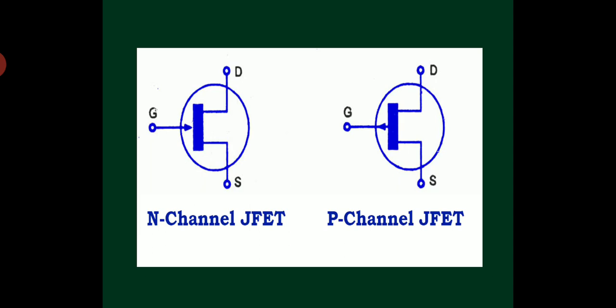In common emitter configuration, output current is IC and input current is IB, and IC equals beta times IB, where beta is the current gain in common emitter configuration. So in all configurations of a transistor, output current depends on input current.